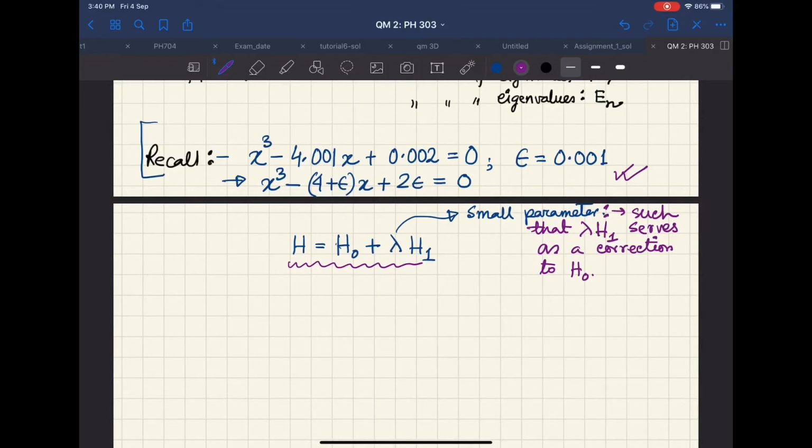There, in order to find the solution, we actually wrote down the solution as a series, x equal to sum over n equal to 0 to infinity epsilon to the power n xn. And then we wrote this as epsilon to the power 0 x0 plus epsilon to the power 1 x1 plus epsilon to the power 2 x2, like this.